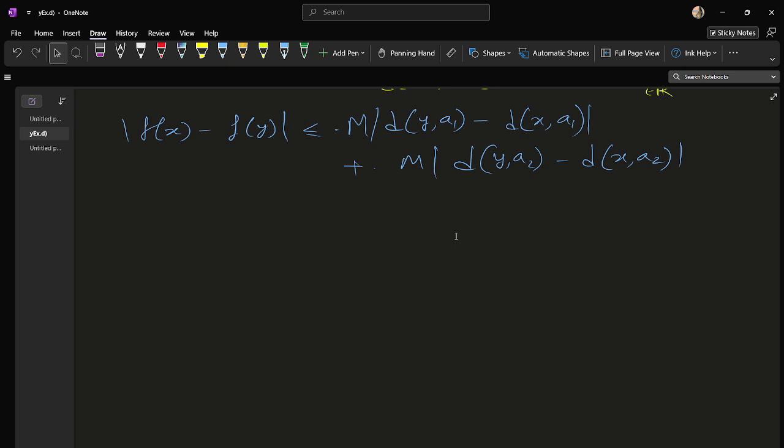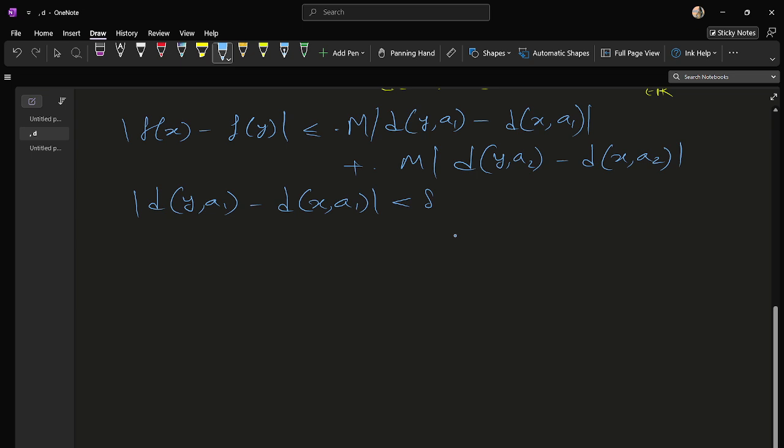We now have this thing, the distance of... let us see it very carefully. That will be less than delta. We know that.